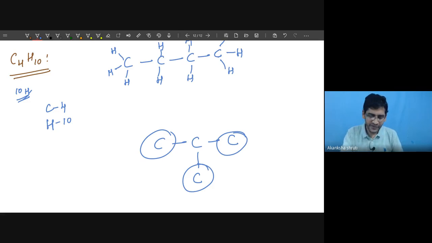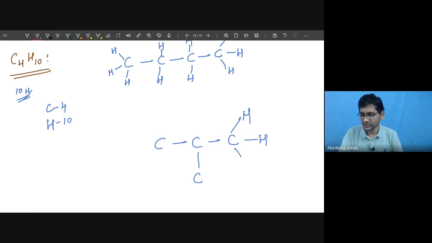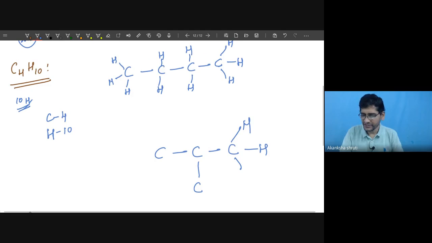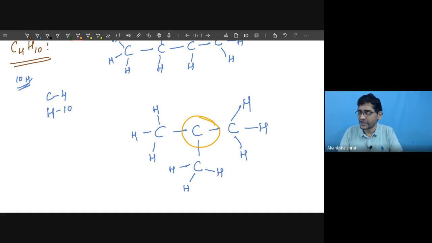That is one thing. So let us fill it with the hydrogen for the end ones. Yes, fill it with hydrogen. 1 2 3. For this carbon also fill it with hydrogen, hydrogen, hydrogen, hydrogen, hydrogen. So this much is over. Now coming to this middle carbon or intermediate carbon.